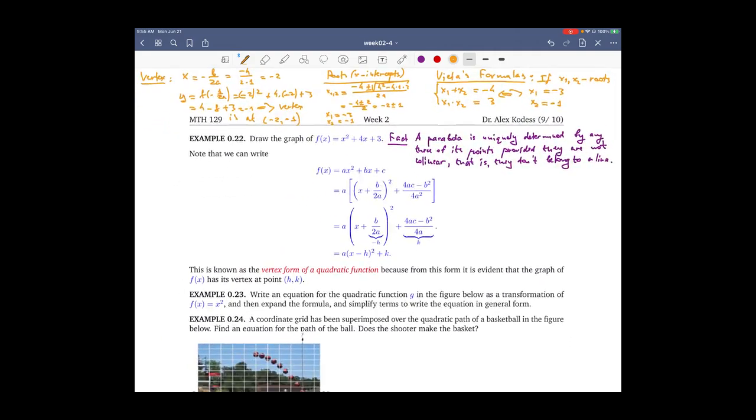So we can now draw this parabola. The vertex is at negative 2.